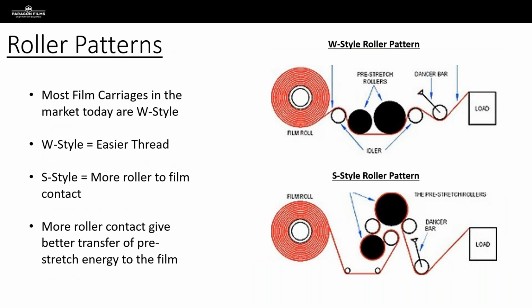In terms of roller patterns, we discussed this in part 1, so I'm not going to go into great detail about this, but the thing I really want to focus on here in terms of containment is the difference in how much contact the film has with those pre-stretch gears on the S style relative to the W style, and how this really affects that F1 force of the film as it goes onto the load, and those F2 forces that we discussed with the rotational speed, tension, and carriage speed, how that really affects the on-pallet stretch.